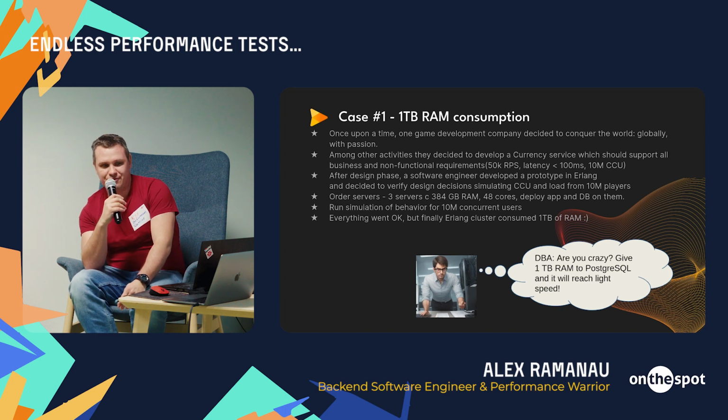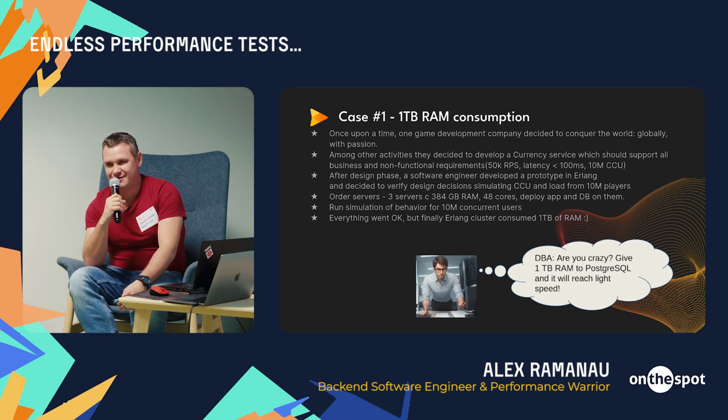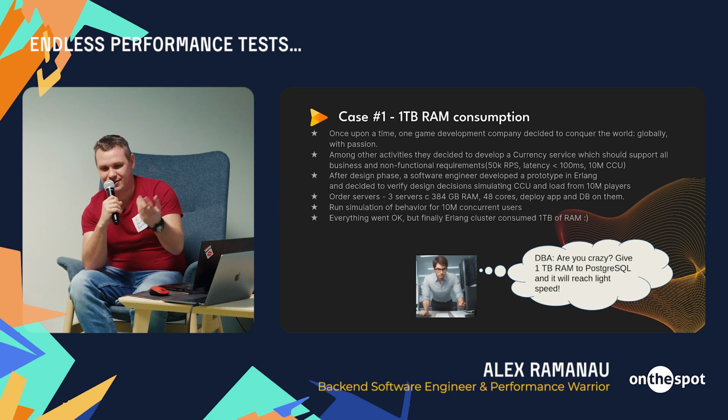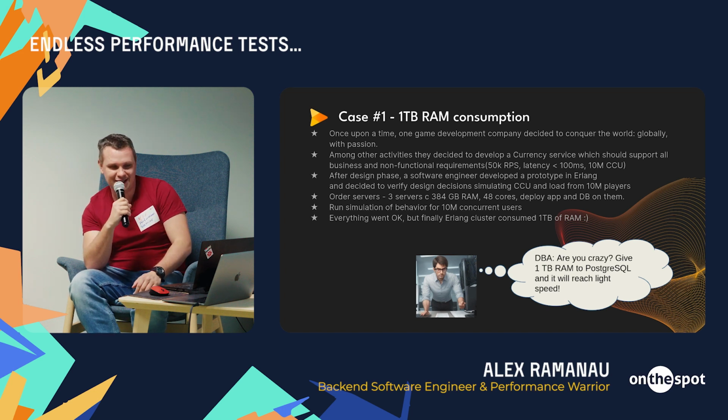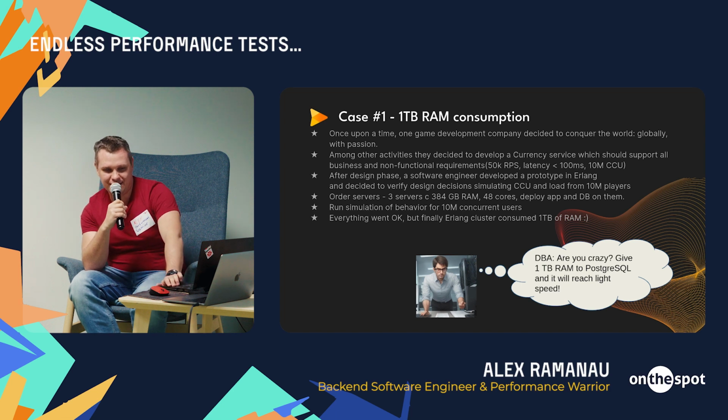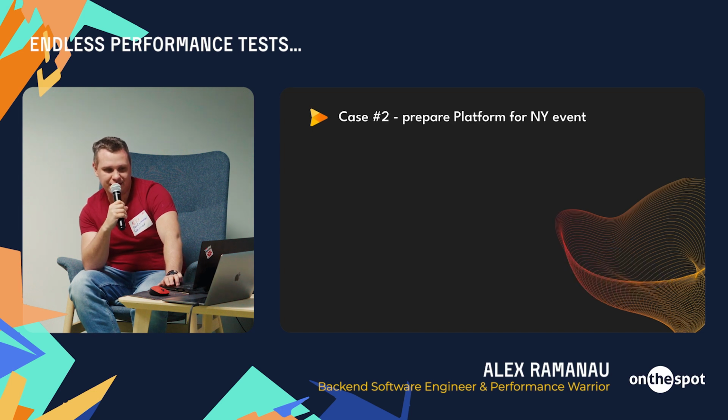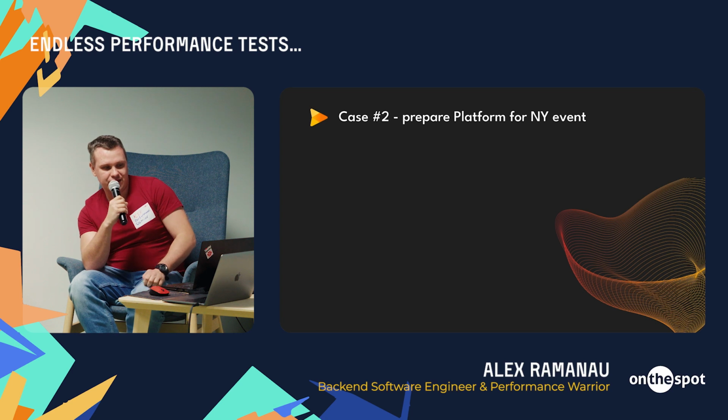It was a problem, and the DBA on this team said, "Are you crazy? Please give this RAM to PostgreSQL and we will achieve light speed." So this issue was fixed after this test and didn't occur in production, but it was interesting. A reaction to see, and a good case to mention.